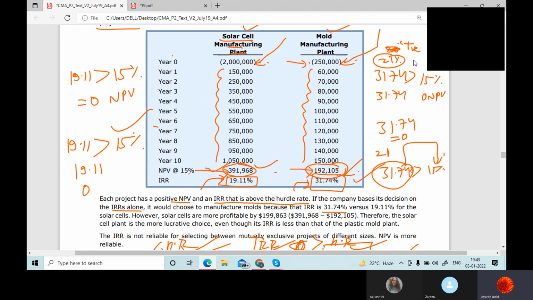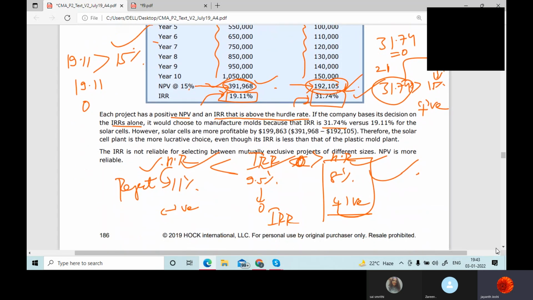You'll get a positive NPV here at 21%. Why? Because 31% is giving you exactly 0, so anything less than that would give you a positive NPV. So here you have a very good gap. Here the gap is very less. So let us see what they are saying now.